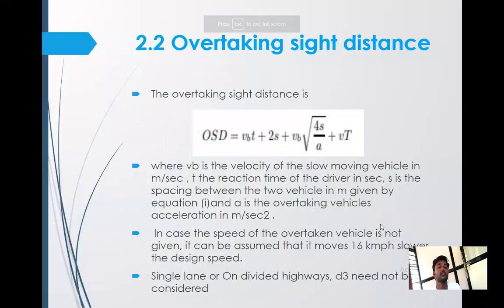T is the reaction time of the driver in seconds. S is the spacing between two vehicles in meter.